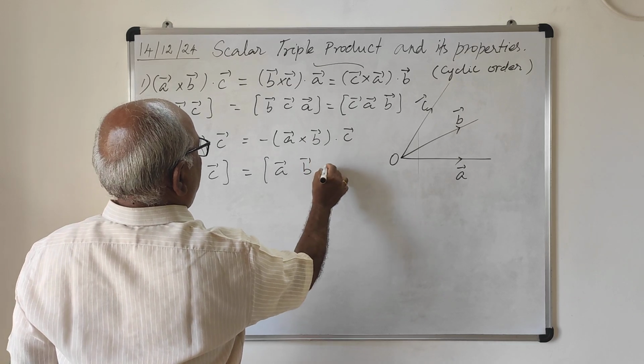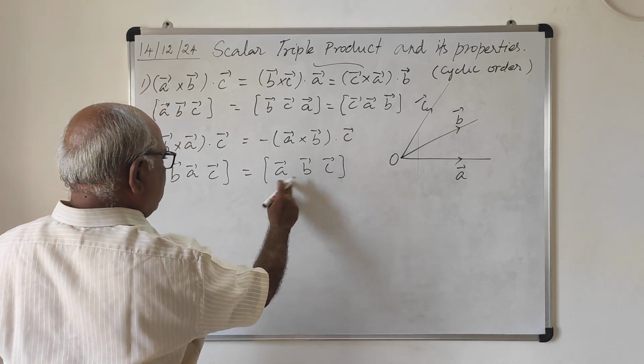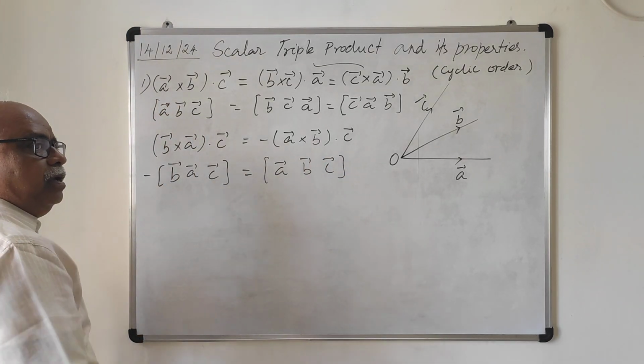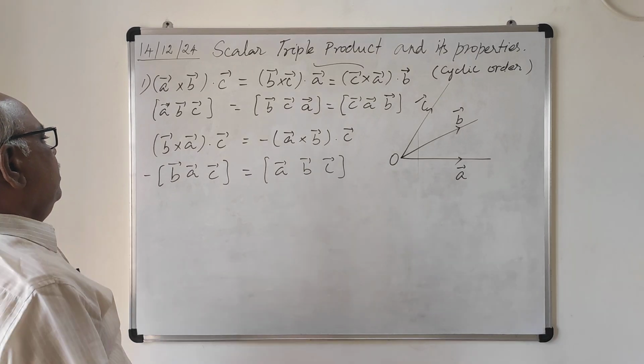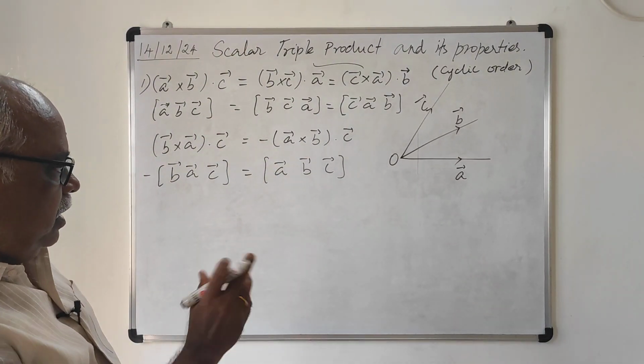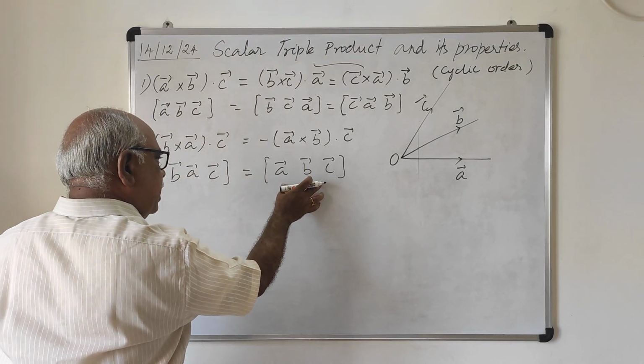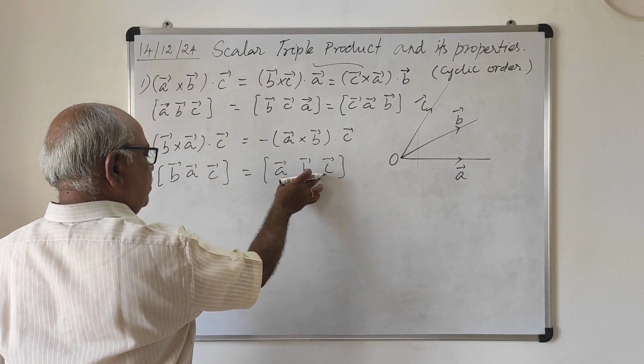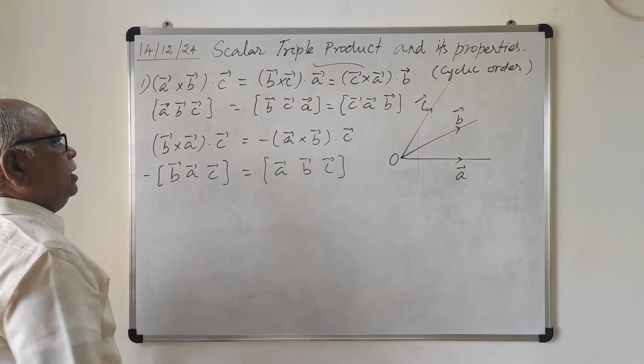If you interchange the order, AB instead of BA, the sign of the box product is changed.